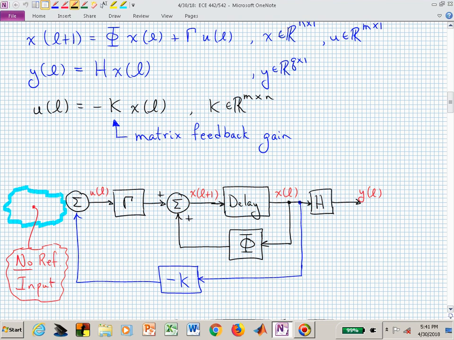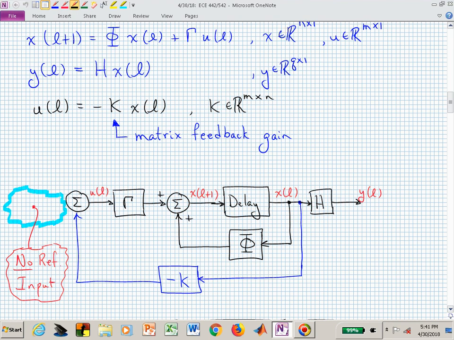If you had 10 state vector components, your delay block would consist of 10 different delays. And how those are interconnected is influenced by your system matrix phi.